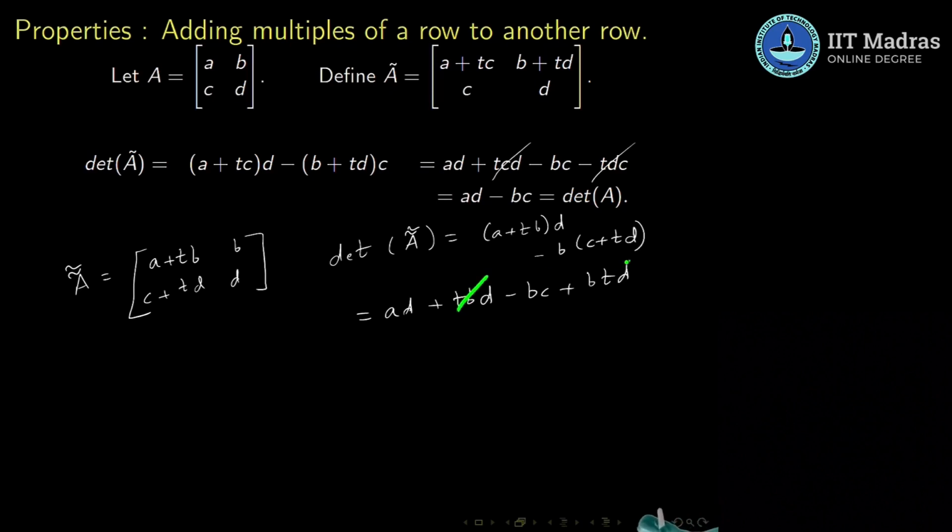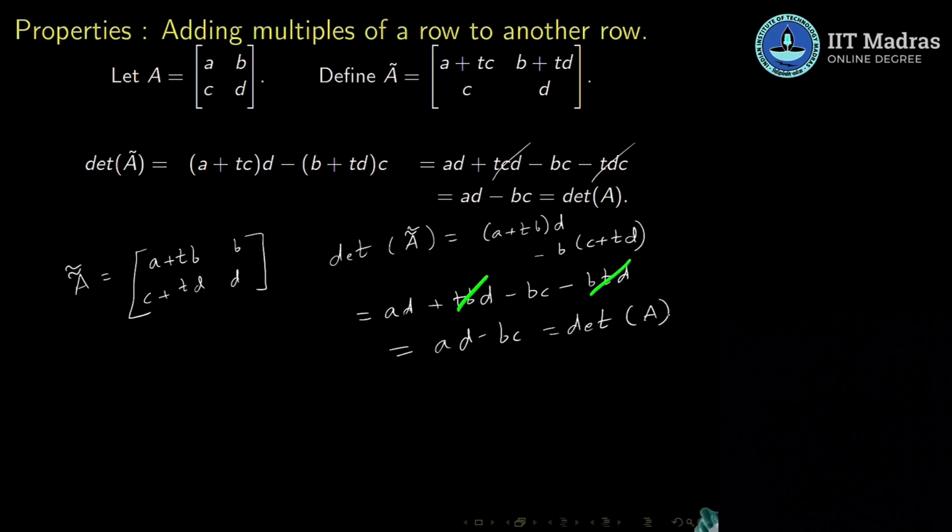T times BD and B times TD are going to cancel. I had incorrectly put a sign, they should be minus. Sorry. So, now what we get here is AD minus BC, which is exactly the determinant of A.